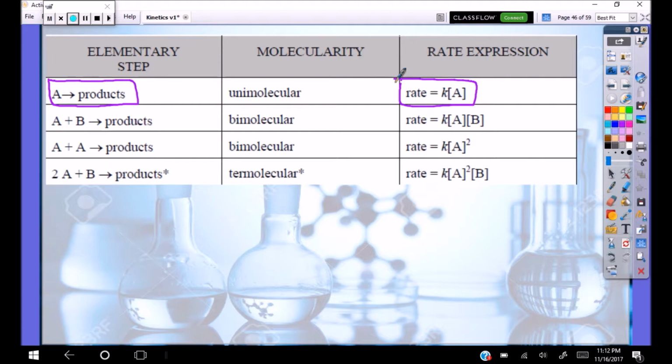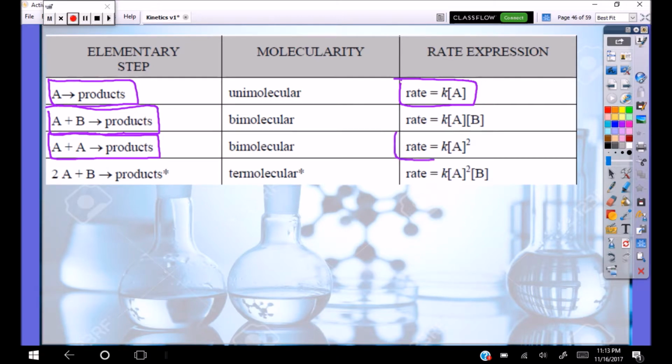With bimolecular, the overall order is 2, but it's still first order for each. You could have A plus B, and that would be bimolecular. And you get rate equal to k times the concentration of A times the concentration of B. You also have another bimolecular where it's two of the same component, so two of your A molecules.